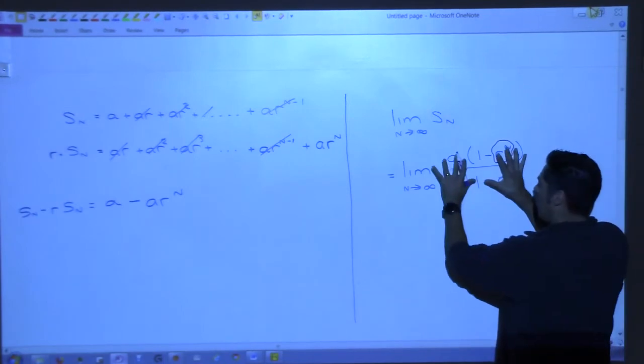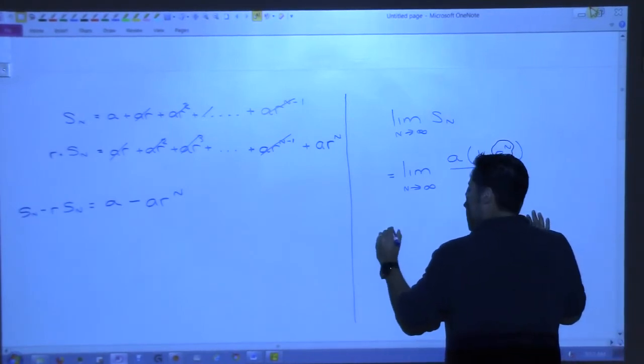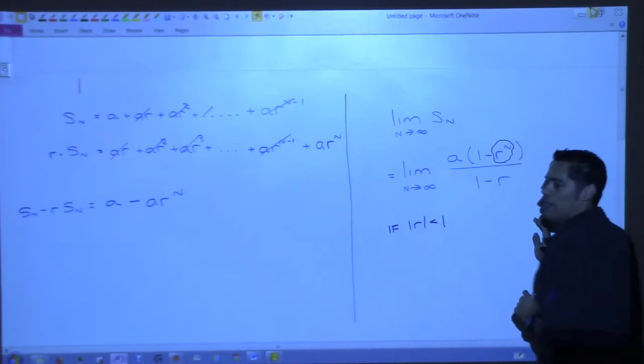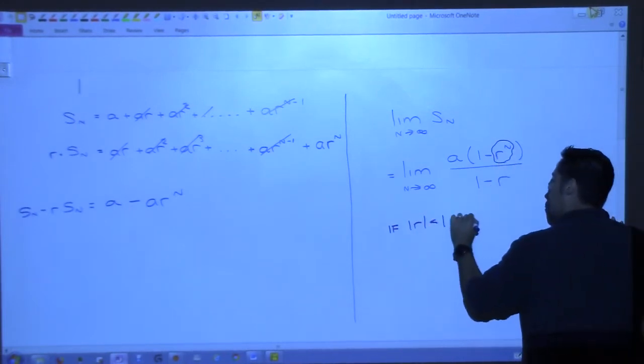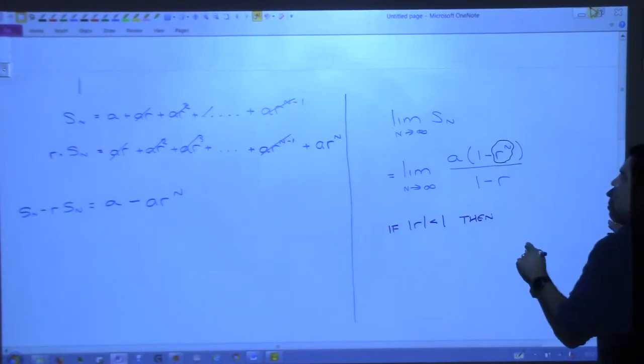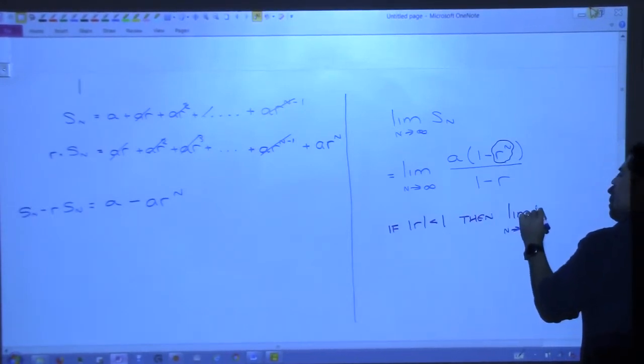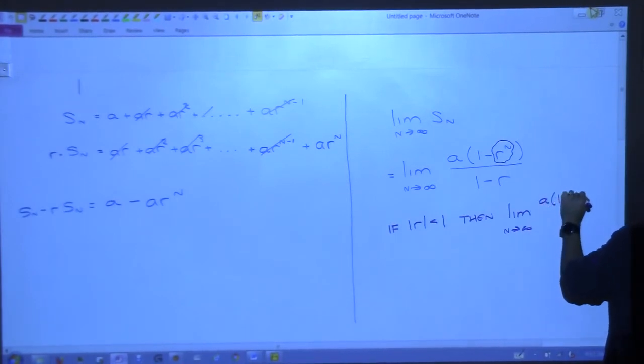So I'm going to say this right here has some conditions. If the absolute value of r is less than 1, then what would this limit be? The limit as n goes to infinity of a times 1 minus r to the n over 1 minus r. What would that go to?